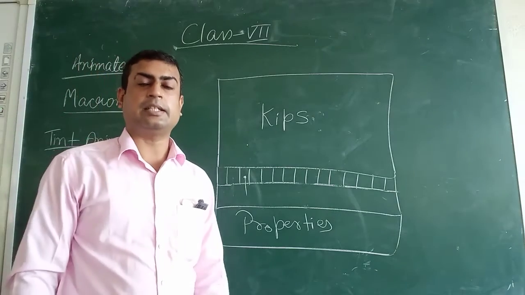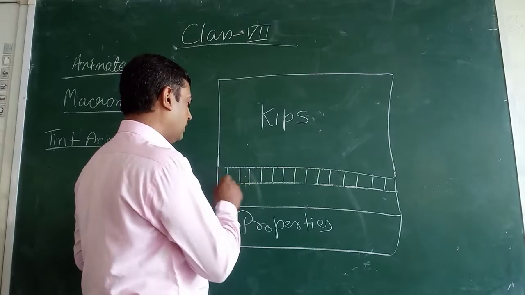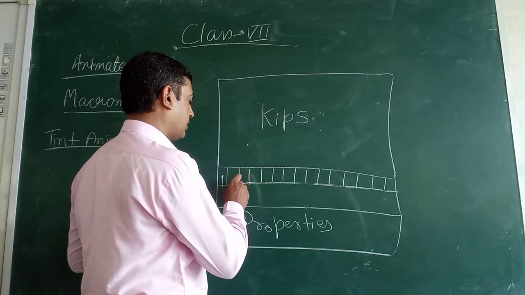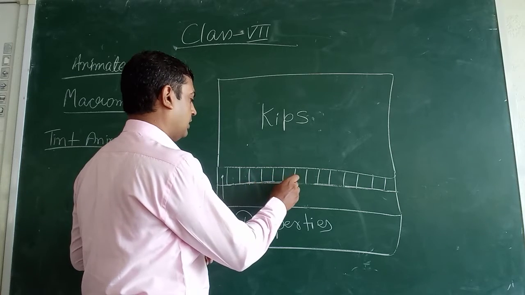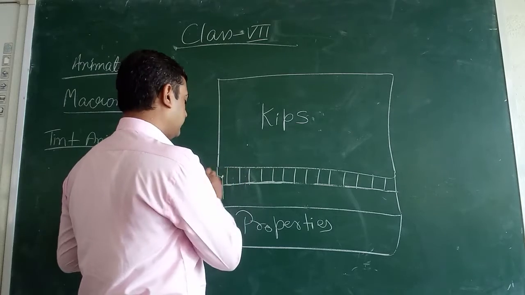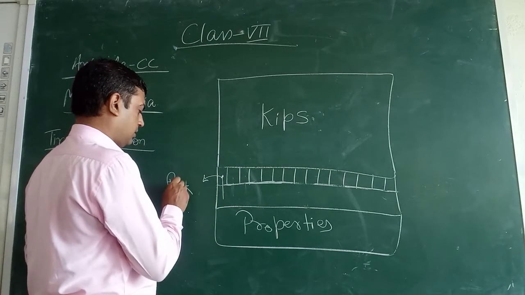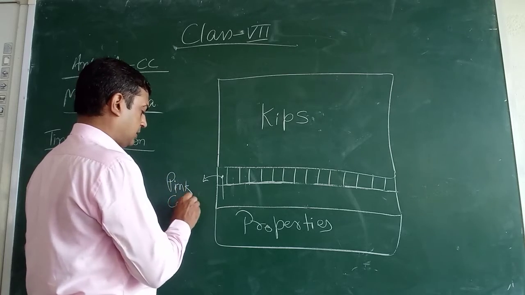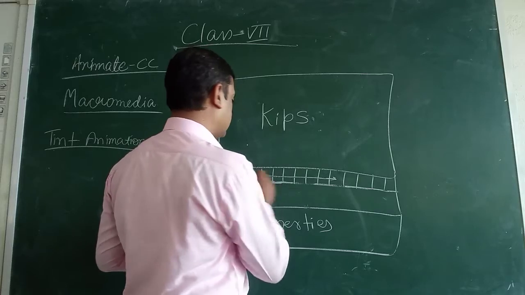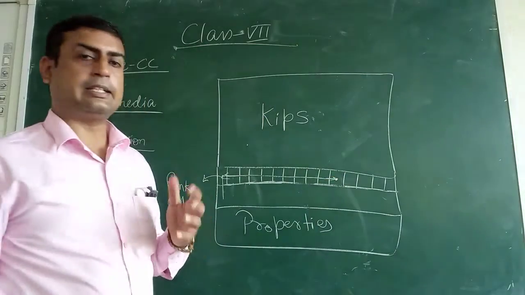Now in this text you have to set the color on the first keyframe, pink color, and after 30 frames you have to select again, the same picture will be shown to you. You have to select green color.